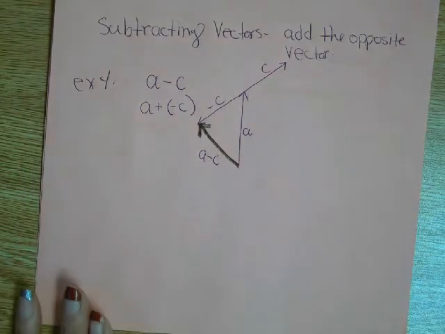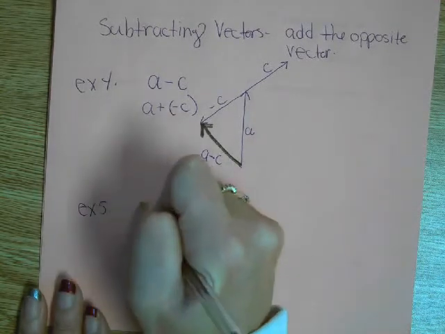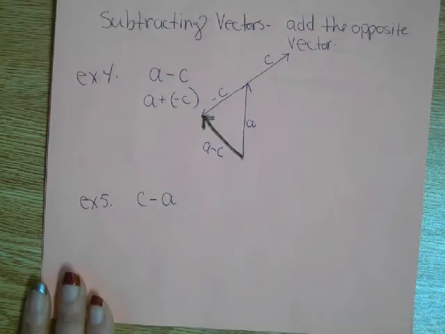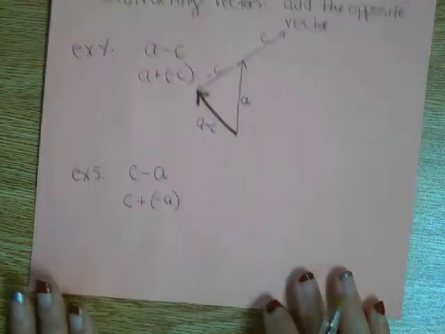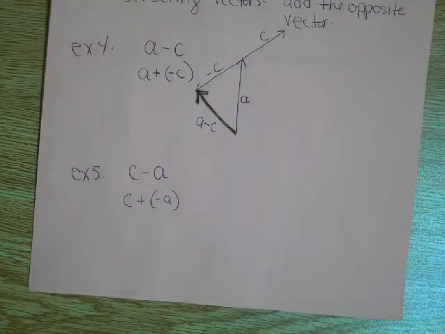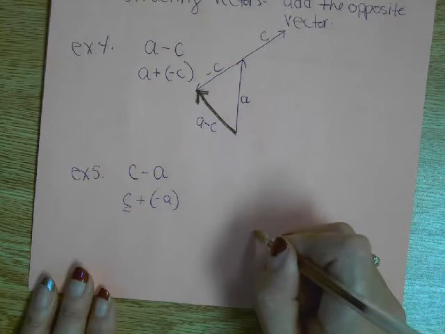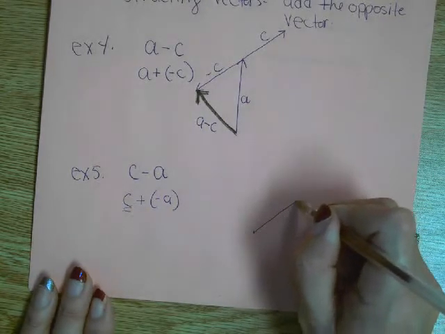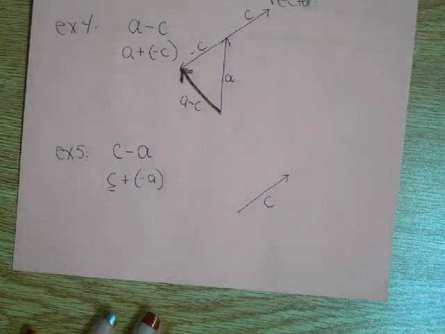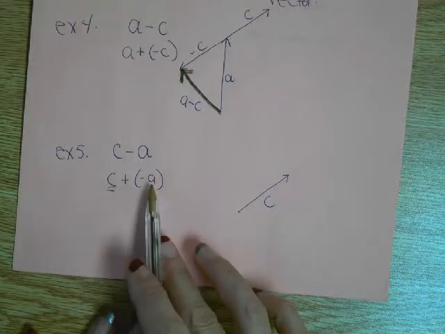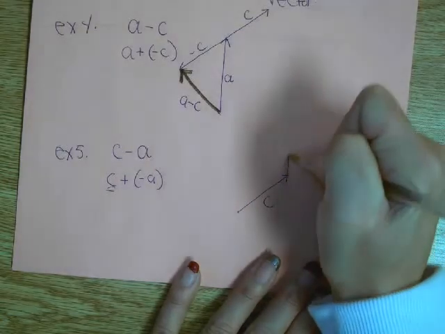Will C minus A look like the same vector? Is it commutative? Let's find out. Let's take C, subtract A, which means we're going to have C plus the opposite of A. Which tells us start with vector C. I'm going to add on positive A, then I'll do the negative A. So at the arrowhead, A goes north.